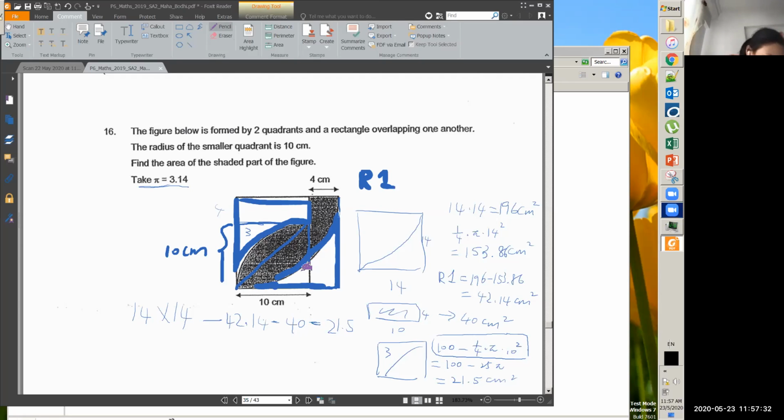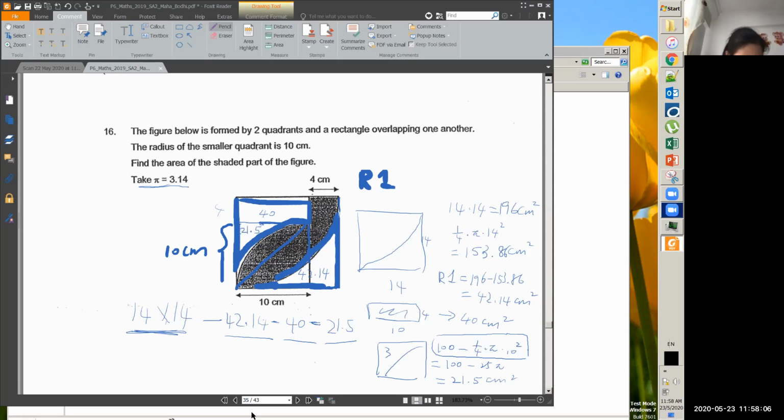So this part is 42.14, this part is 21.5, and this part is 40. So you take the entire area, minus the 3 empty parts. Then you get the shaded part.